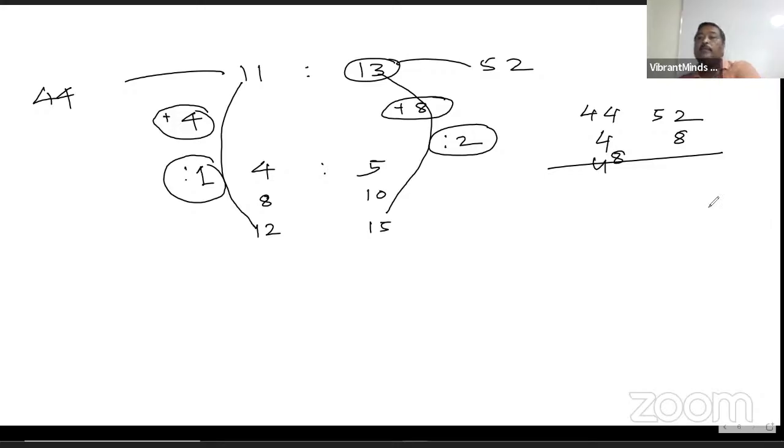And then we have 52 plus 8, that is 60. So this is 48 and this is 60. And the ratio is 4 and 5. Is it clear, guys?